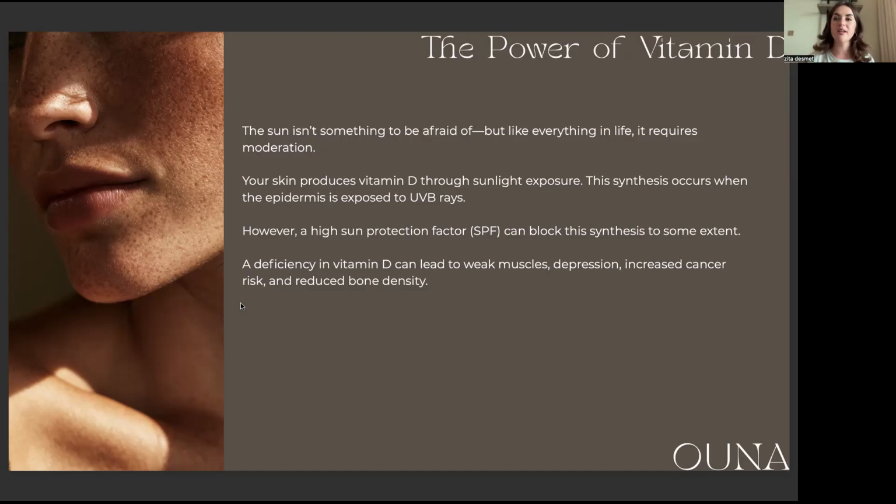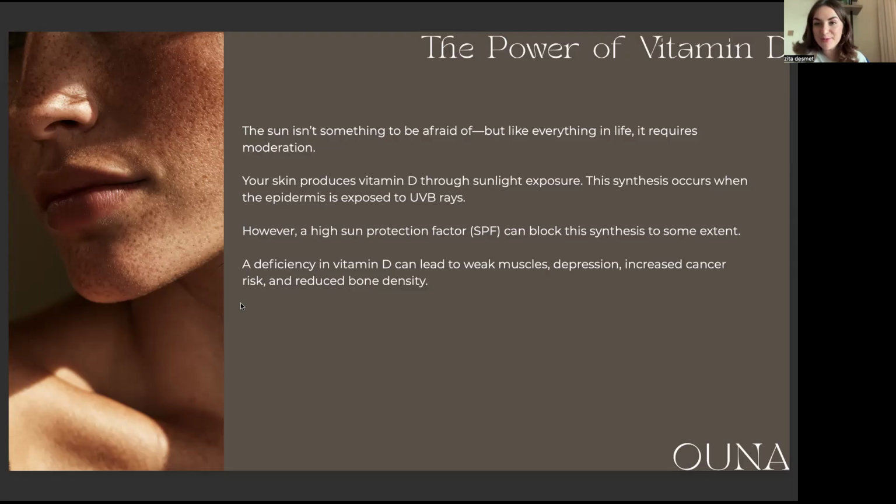That will be more than enough to have your daily dose of vitamin D. Like I said, this only happens when UVB is around, and so for a lot of people in winter, you need your vitamin D, as a deficiency can lead to weak muscles, depression, increased cancer risks, and reduced bone density.